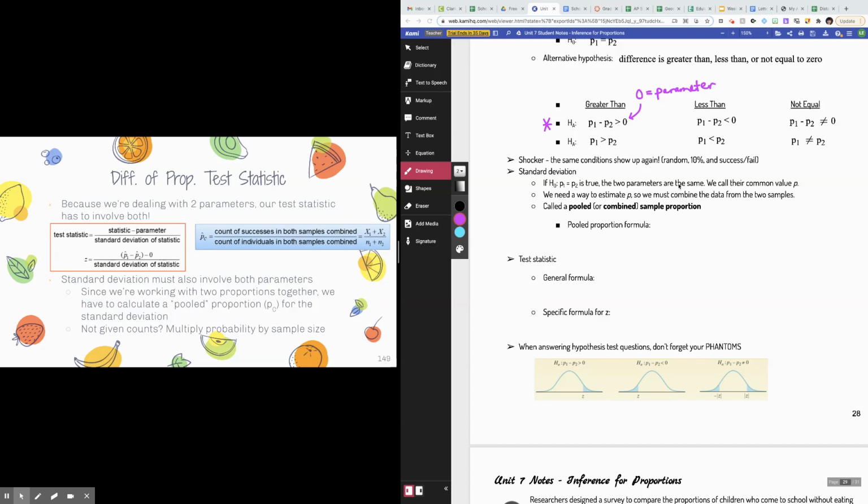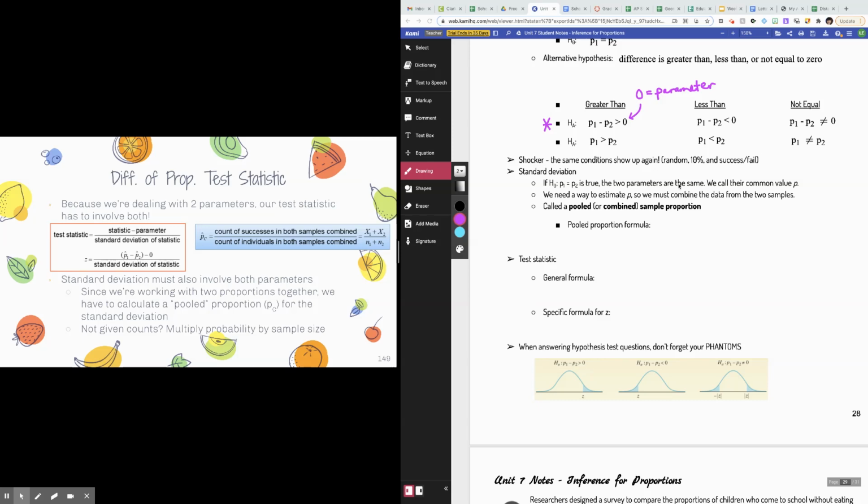When you're talking about 2 proportion Z tests, which is what we're doing here, often the problem will not give you 2 true parameter values. Rather, they will give you sample values and say, do these samples provide sufficient evidence that this population is greater than this population, or that this population is not equal to this population? That complicates our standard deviation formula a little bit.